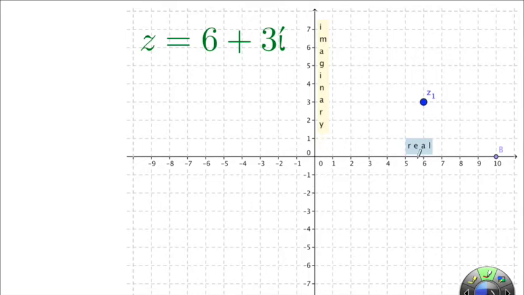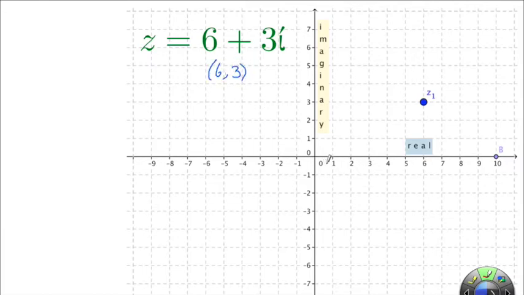So here we're going to take the normal coordinate system that you're used to, and we're going to change it just slightly. We're going to let x still remain as real numbers, regular old x-axis, but in this case we're going to let the y-axis represent the imaginary numbers. So if I have 6 plus 3i, in this complex coordinate plane, this becomes the coordinate (6, 3).